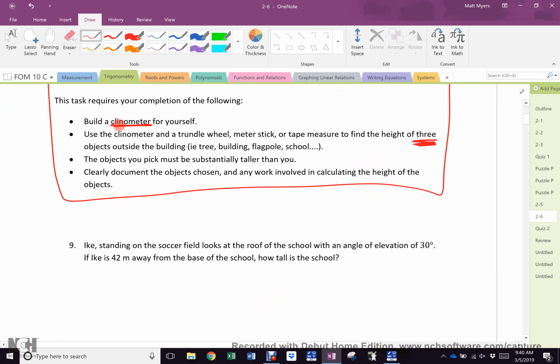That was the name of the thing that you built, if you built it successfully, I should say. It is a very rudimentary version of that same thing that surveyors are looking through with the laser beam to the other guy across the street. It's that.